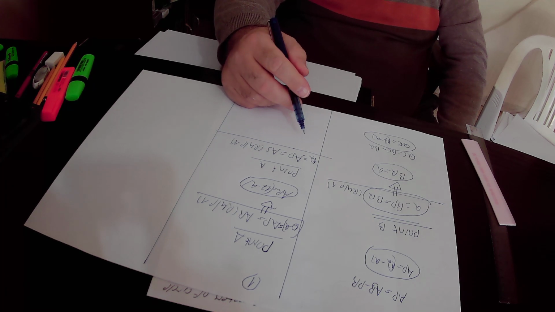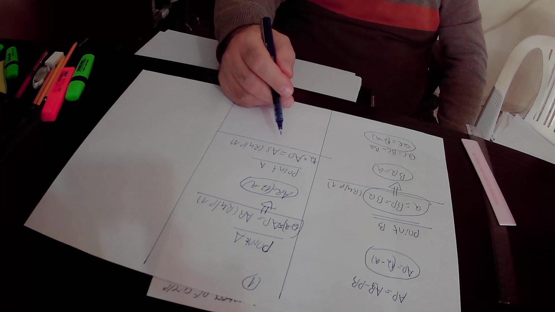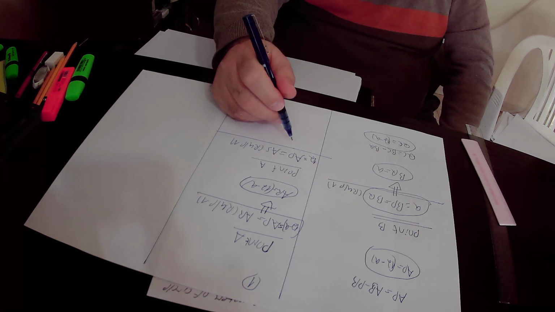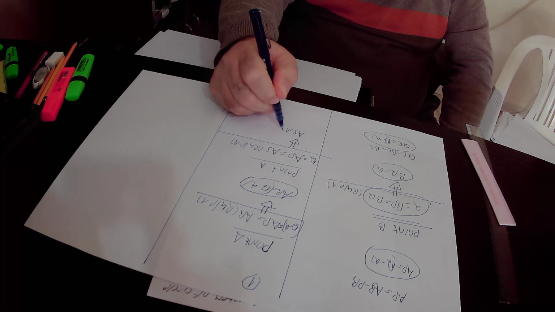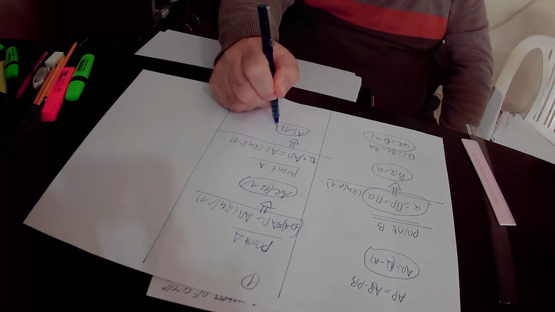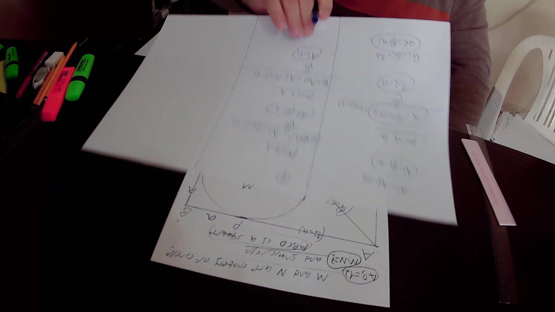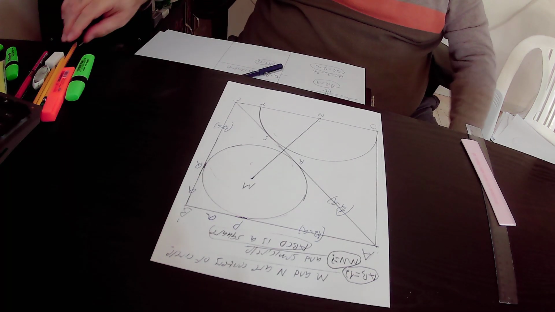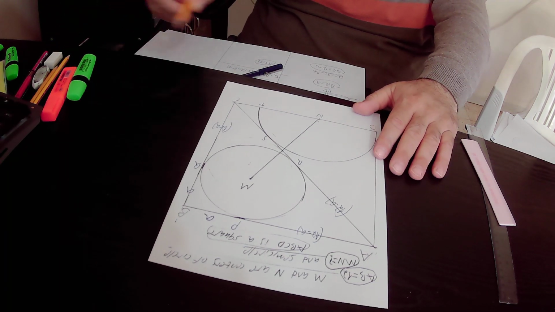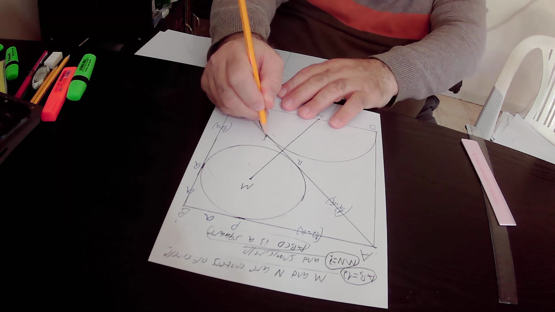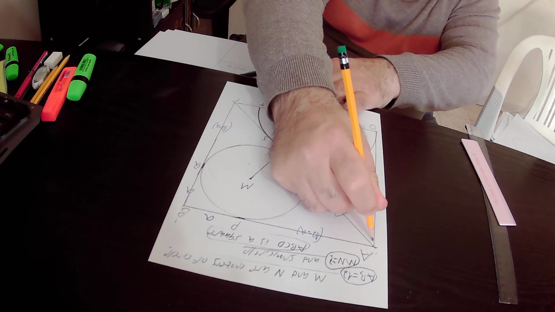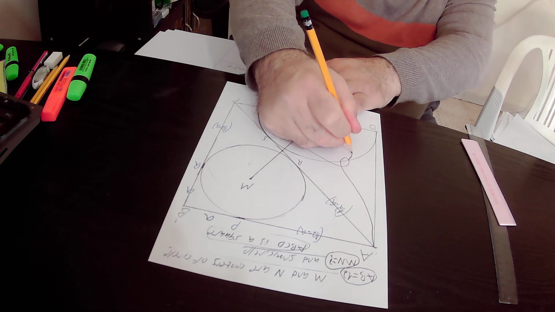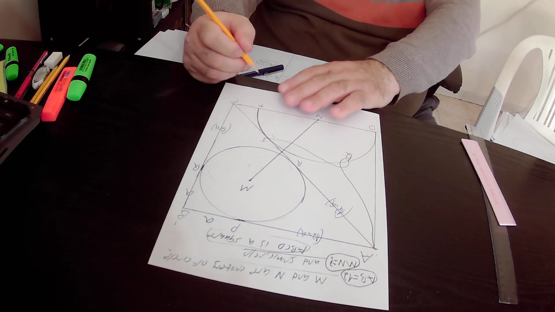So from this equation, 12 equals AD equals AS, we will derive that AS is also equal to 12 units. So we can write here that AS is equal to 12 units.